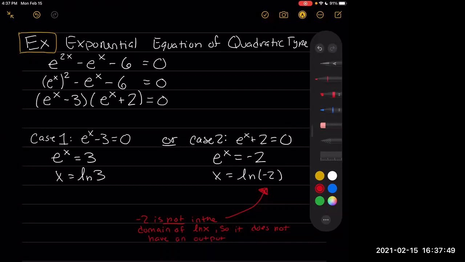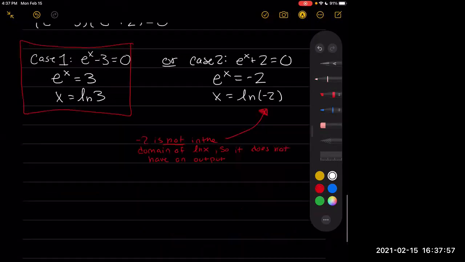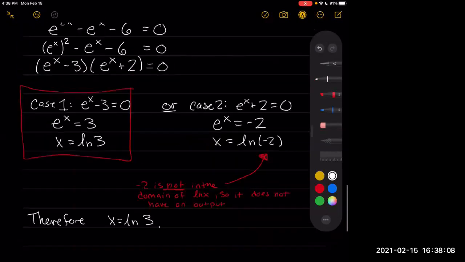So this lets us know that case 1 is the correct case. This is the one that we know works. So therefore, x equals the natural log of 3. So with these, you will have extra cases sometimes, and they don't always work. There's only one solution here.